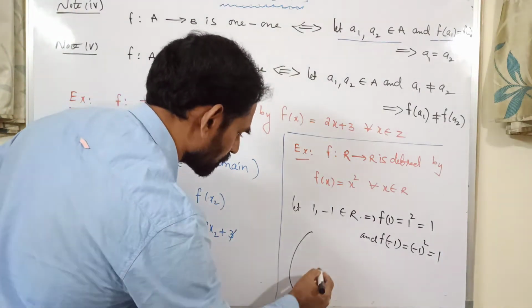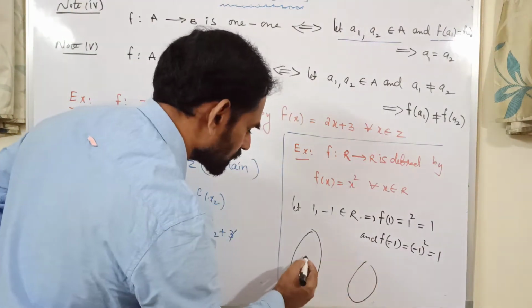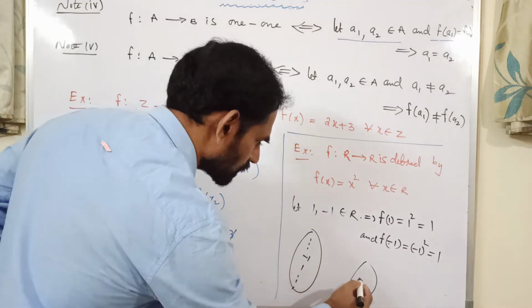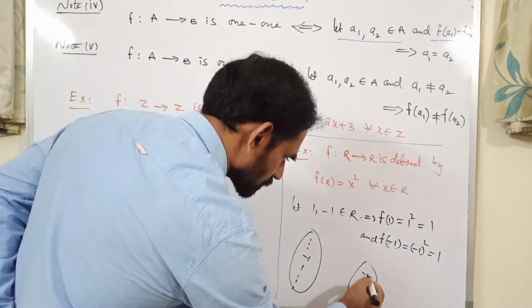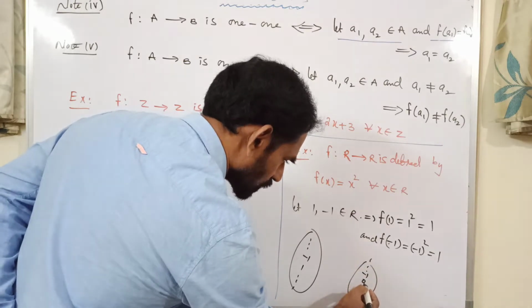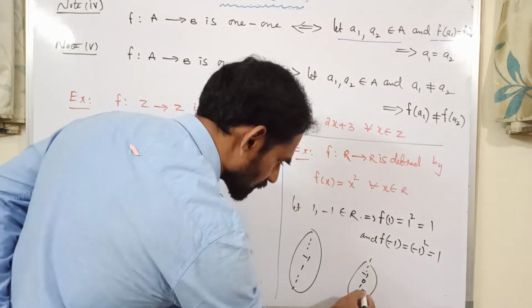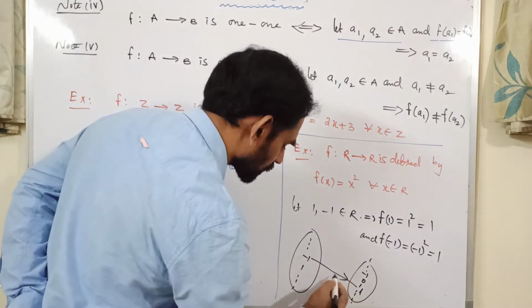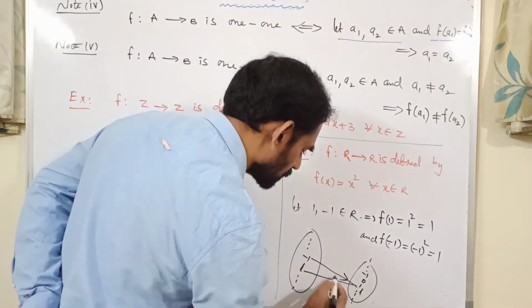See, R is the real number set, with elements like minus 1, 0, 1 and so on. The image of minus 1 is 1. The image of plus 1 is also 1.